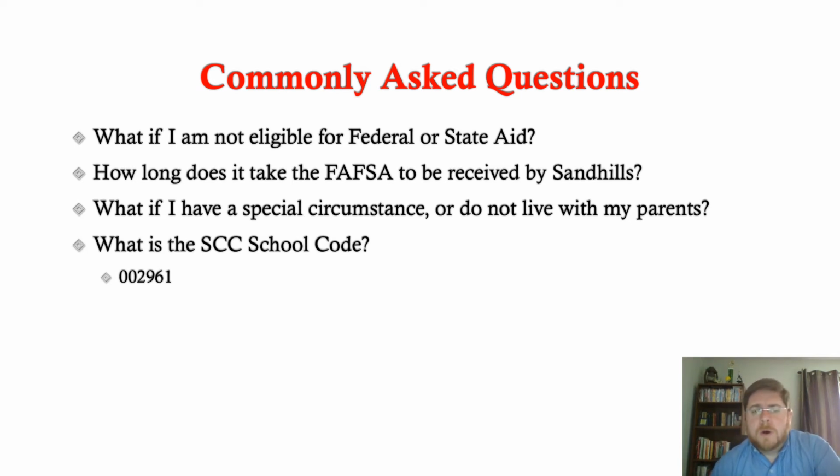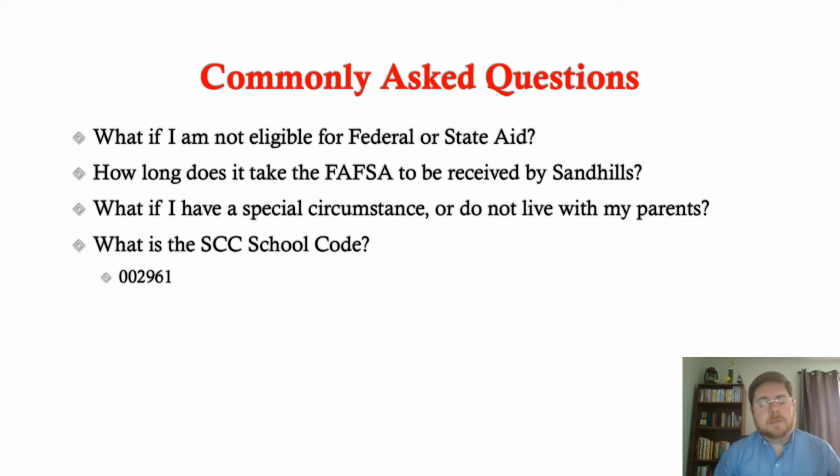Next question is, what if I have a special circumstance or if I do not live with my parents? Call me. At the end of this presentation, I'll have my phone number and email. That's on our website. Any time you get into the FAFSA and you feel like there's a special circumstance in terms of finances, if you feel like you don't live with your parents, we do have what we call a dependency override that we can give you the information with and help you through.